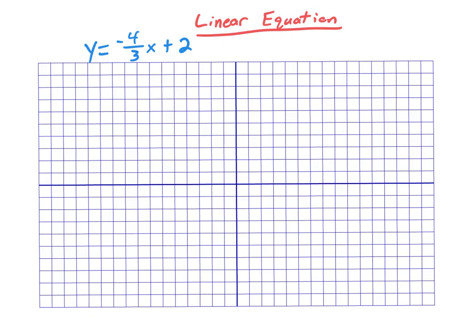This is the first one that we're going to graph. The generic form of this is y equals mx plus b. Anybody remember what we call this equation? Name of it? Slope-intercept. Slope-intercept, good. Okay, so this is what we call slope-intercept form.